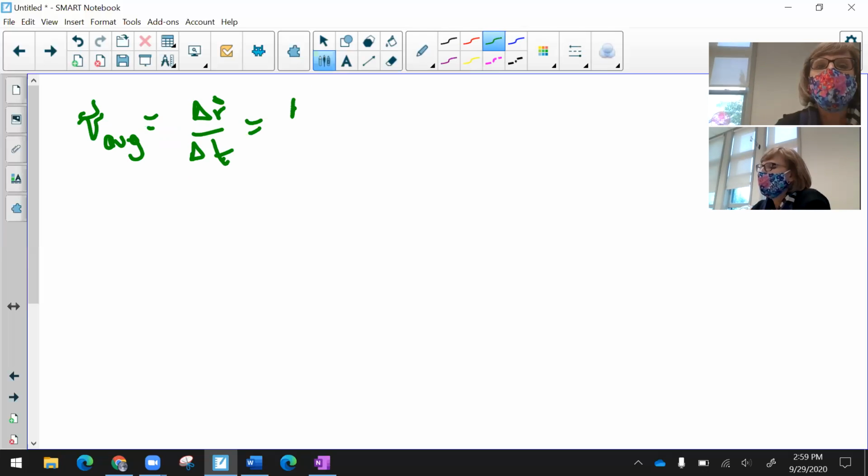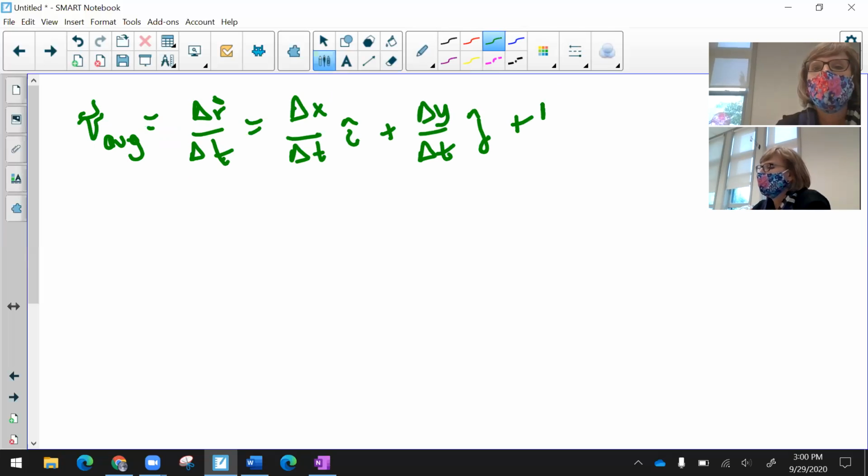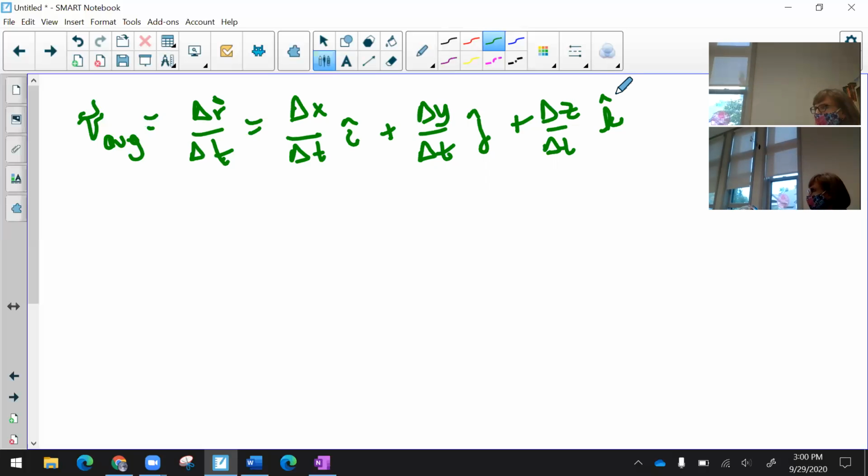I can break that down and make it delta X over delta T times I plus delta Y over delta T times J plus delta Z over delta T times K. And then I just need to look at what the change in value is for each dimension separately.